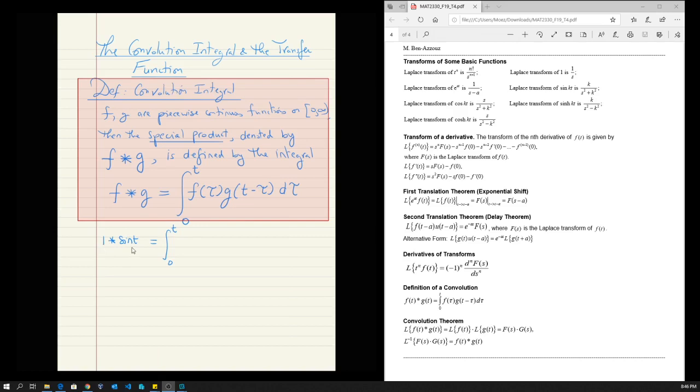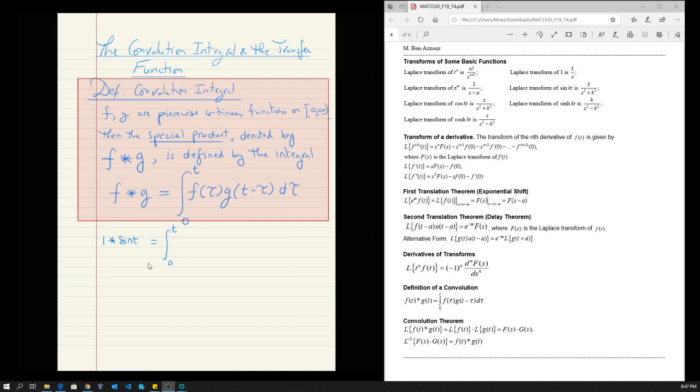Which one would be easier when you plug the t minus tau into it? Well, I definitely don't want to put the t minus tau into the sine, because then I have a sine of a difference to contend with. So I'm going to plug that into the function 1, which, by the way, is a constant, so that's not going to change. And the tau will go into the sine. So that's what I'm going to treat as my f of t.